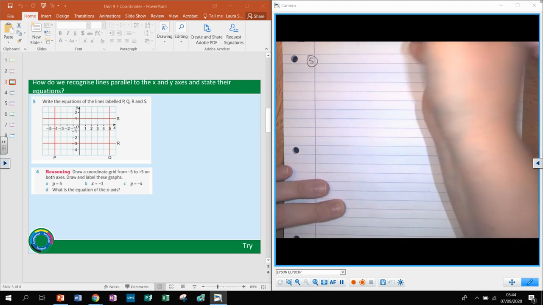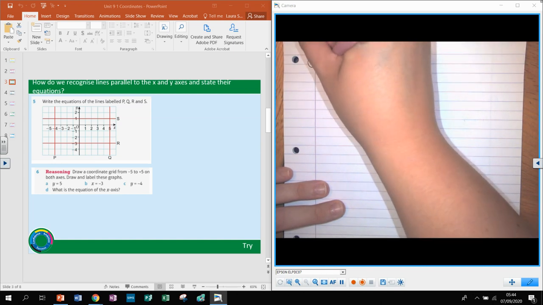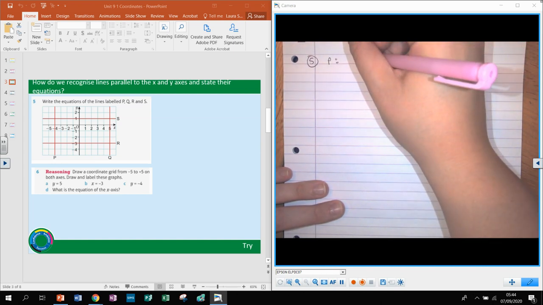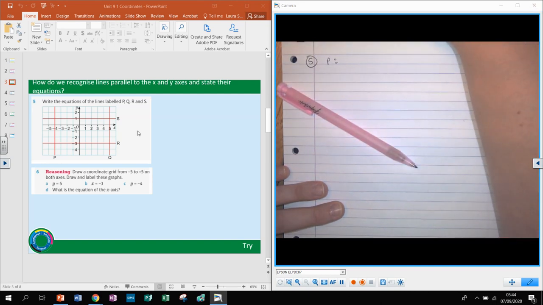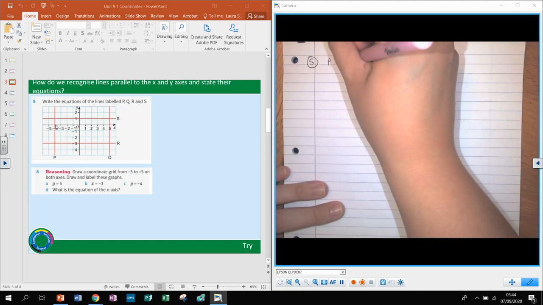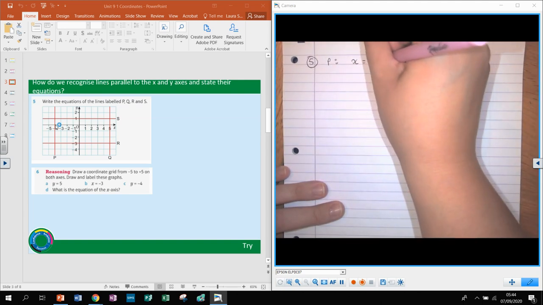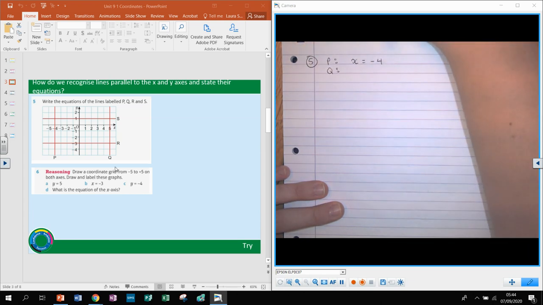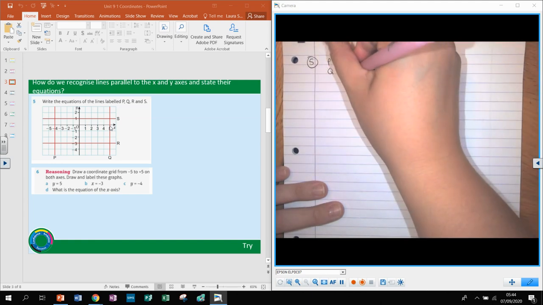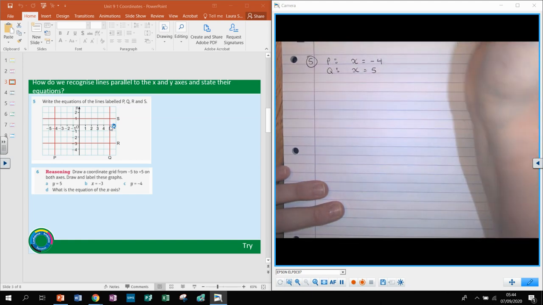So let's start with P. We need to look, is it horizontal or vertical? Well, the line P is vertical, okay, and it is going through where x equals -4, so our equation is x equals -4, okay. For Q, again, we're vertical, and we're going through x equals 5, so that is our equation.